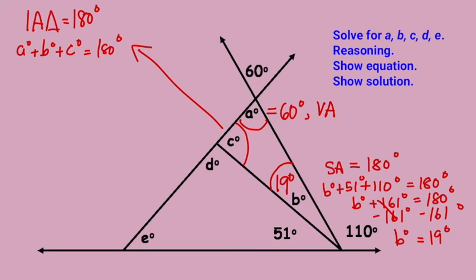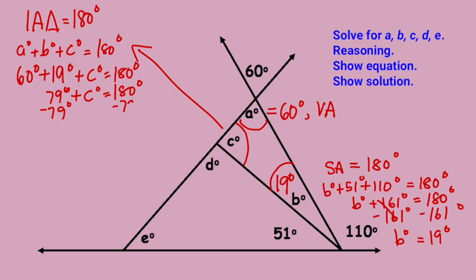A is 60, B is 19 degrees, and we don't know what C is. Use your algebra. 79 plus C equals 180, minus 79 on both sides. So angle C is equal to 101 degrees.